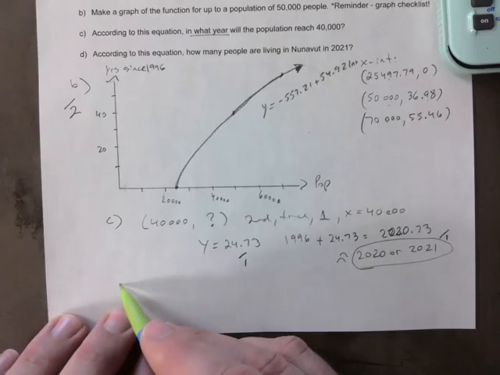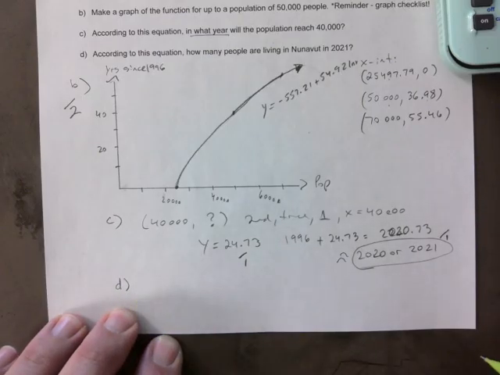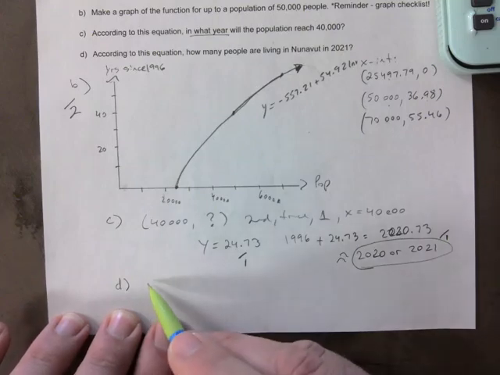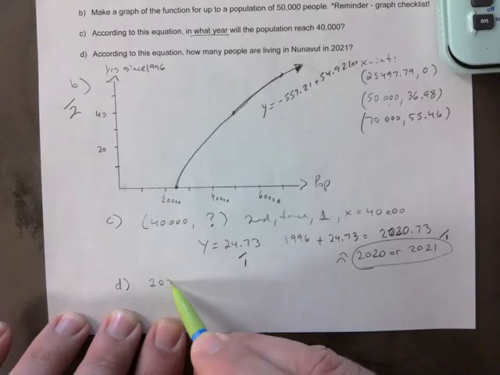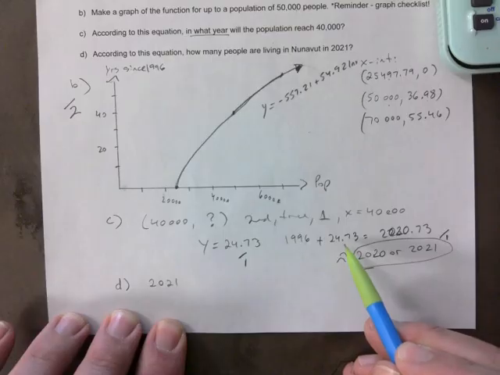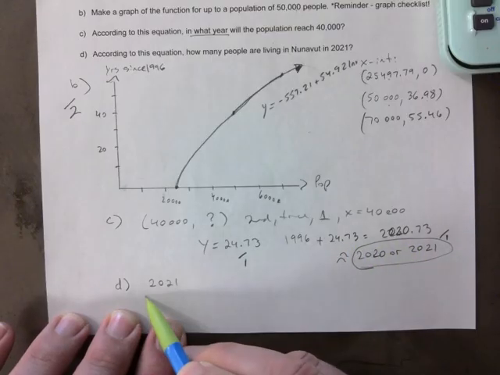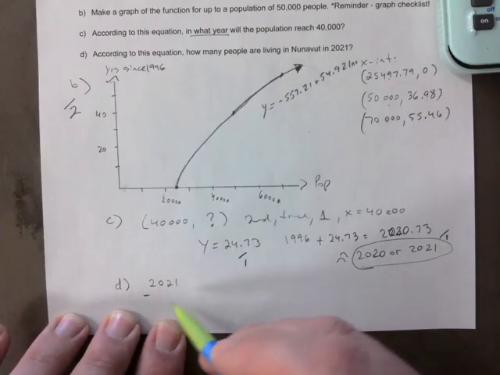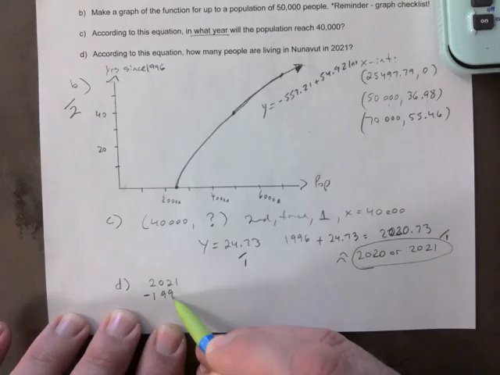Okay? D, according to this equation, how many people are living in Nunavut in 2021? In this case, you know how we add the number of years to get our year? In this case, you need to subtract both years to find out how many years went by since 1996.